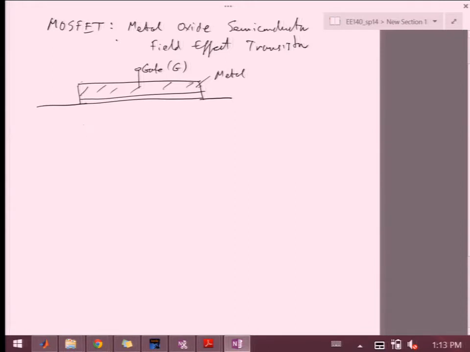I'm going to have here what I'll call body, or B. And this is going to be silicon p-type, so very lightly doped silicon. And this layer over here is going to be SiO2, or silicon dioxide. Now, this is something that we would call NMOS capacitor.